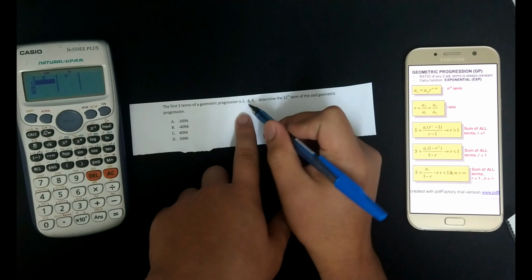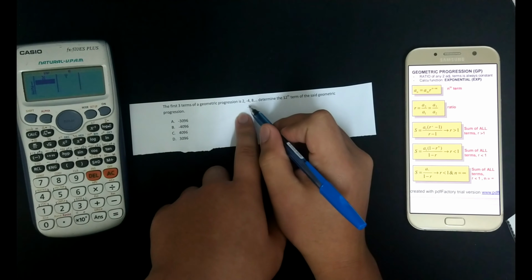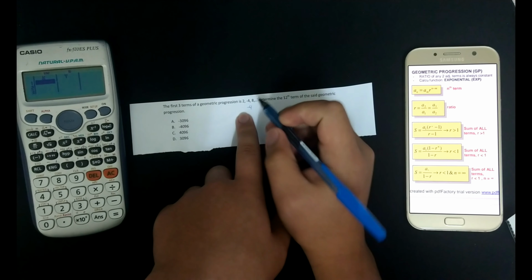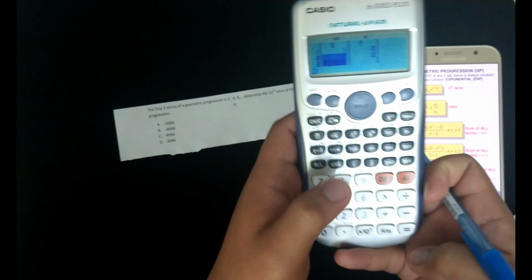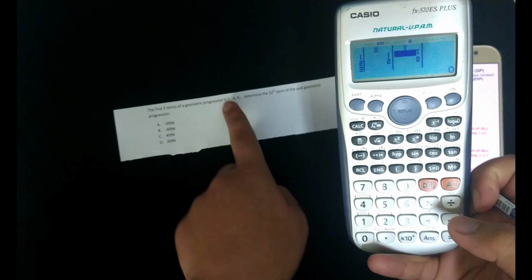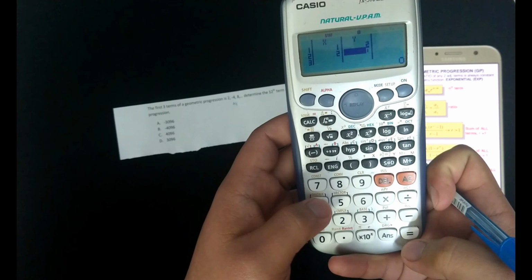So instead we turn this negative into positive 4. So let's try the first term, the second term, and the corresponding values 2, and instead of -4 we put positive 4.